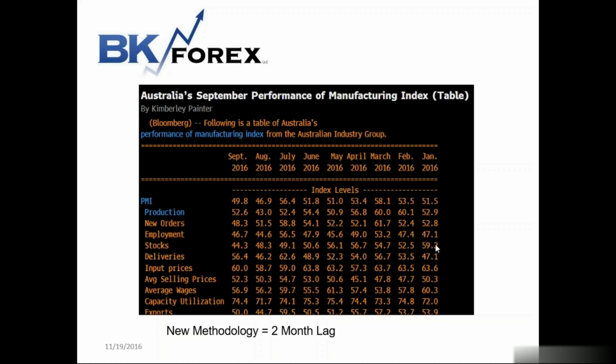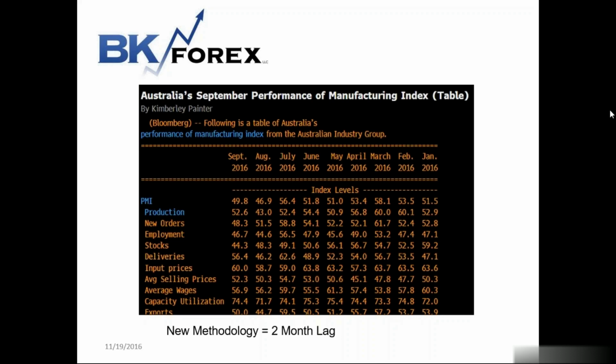So with Australian employment, they recently changed their methodology for tabulating employment numbers, so it can be relatively volatile. But basically the PMIs in general for any country provide the quote-unquote fastest or most recent reflection of how an economy is doing, whereas the labor market report is usually 1 or 2 months back.